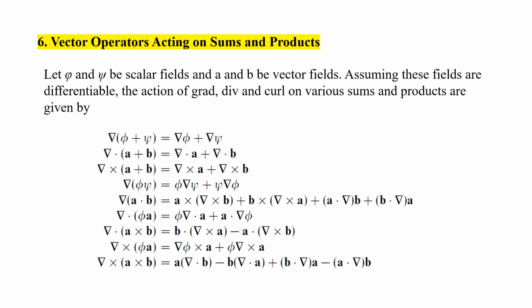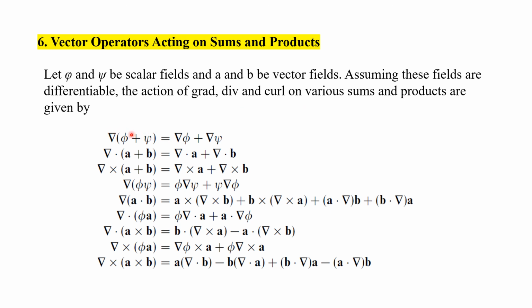Lastly, let's talk about the vector operators acting on sums and products. Here we let phi and psi be scalar fields, and A and B be vector fields. Assuming that these fields are differentiable, the action of gradient, divergence, and curl on various sums and products are given by the following.